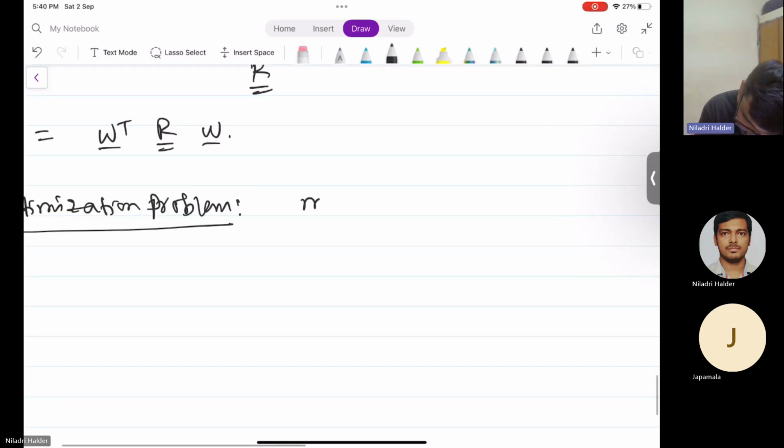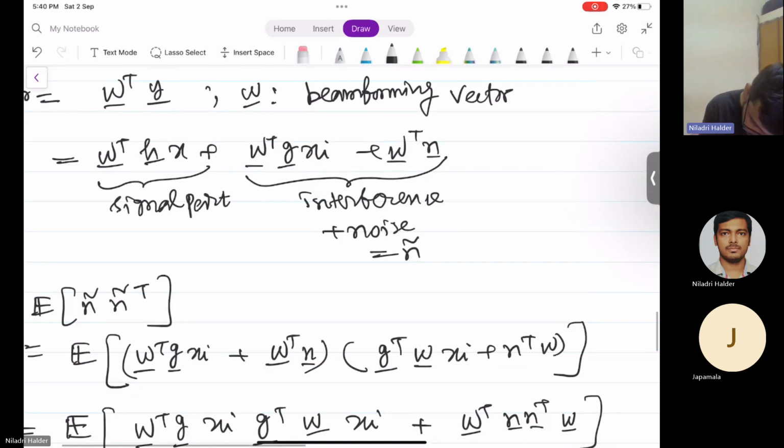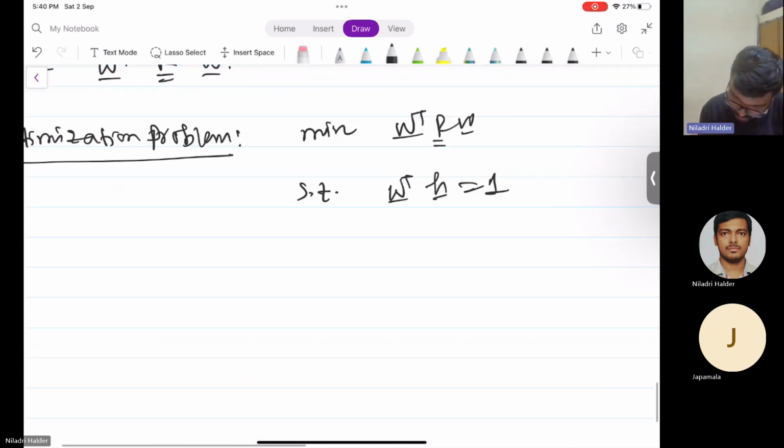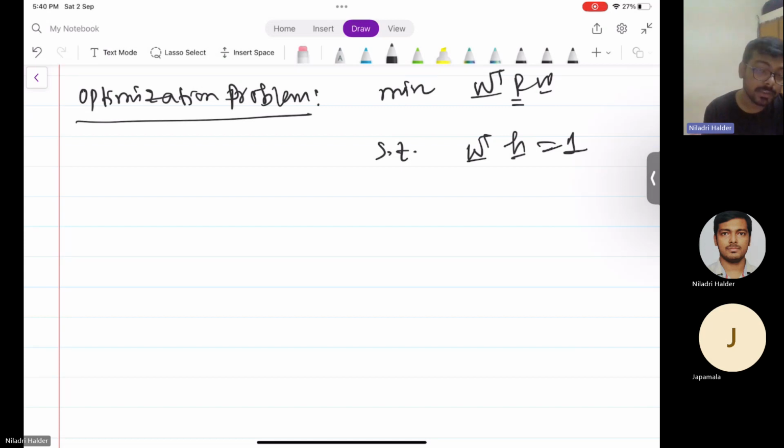So now the optimization problem is to minimize W transpose R W subject to W transpose H equal to 1. This is the signal part. The solution is the same: find the Lagrangian, differentiate it and set that to 0.